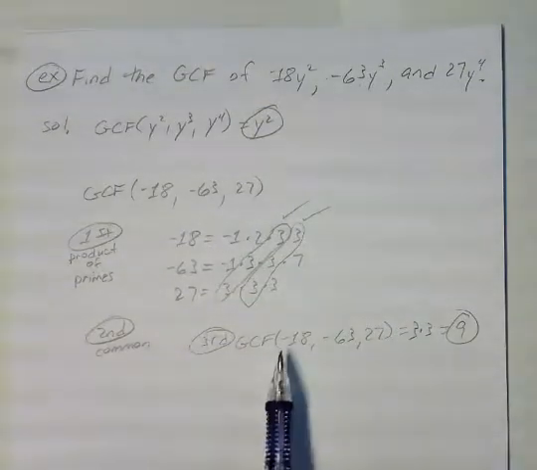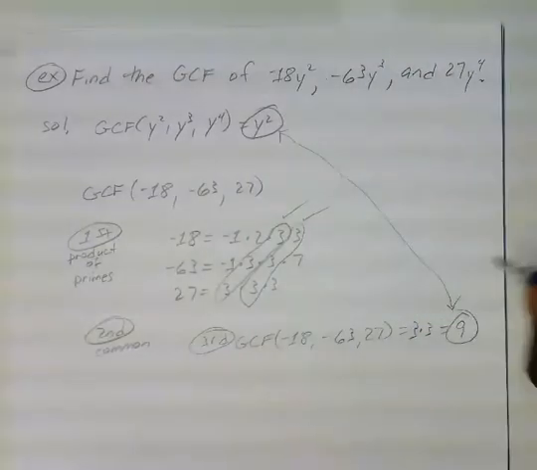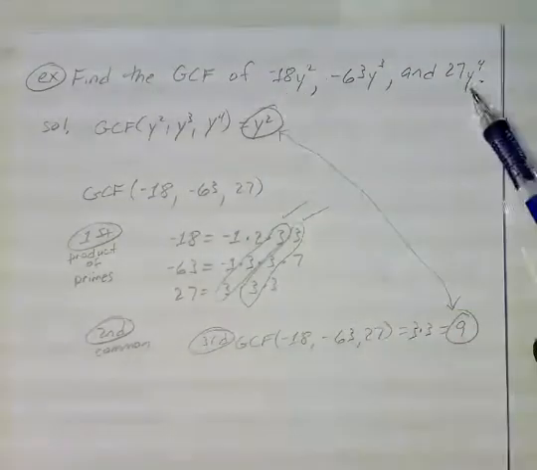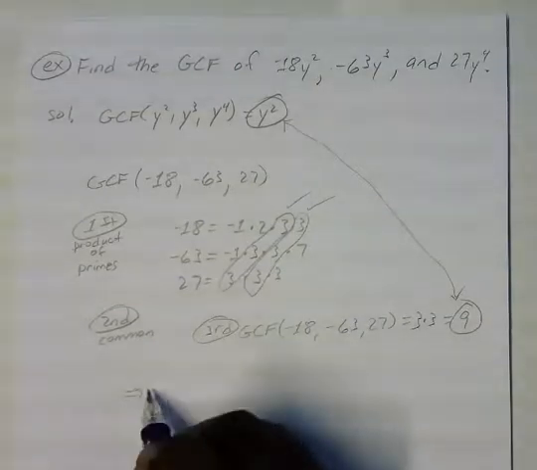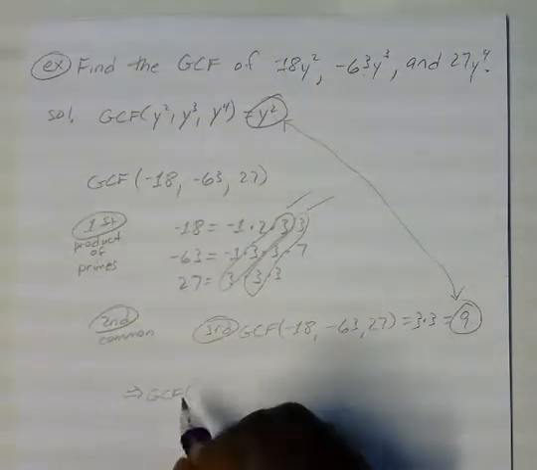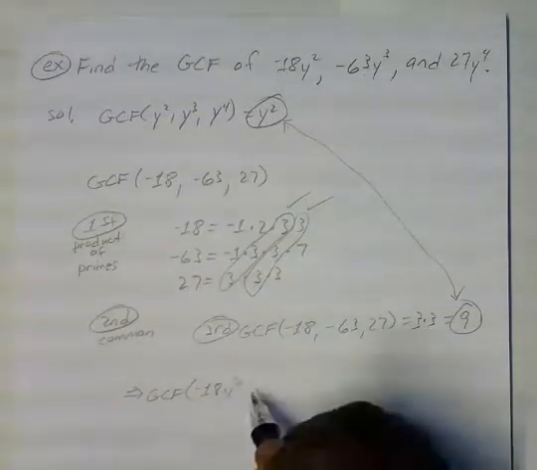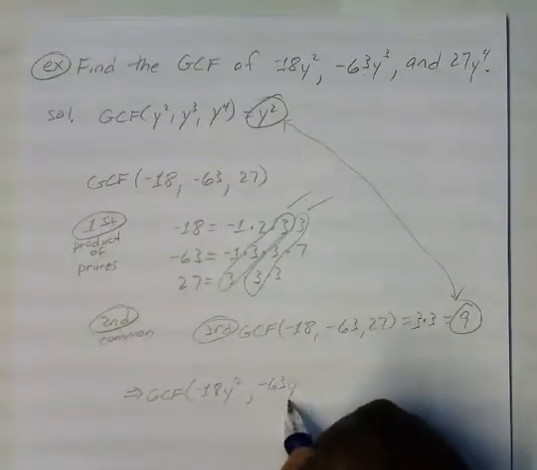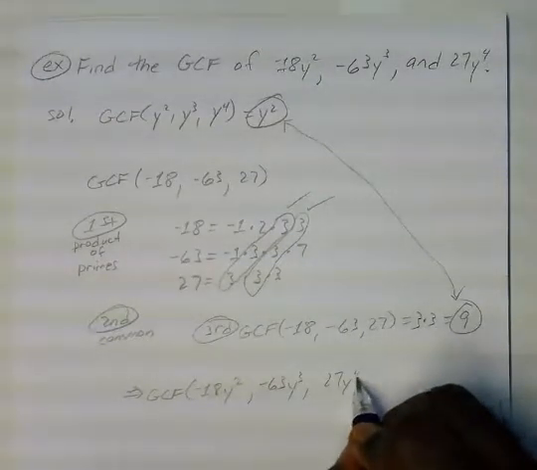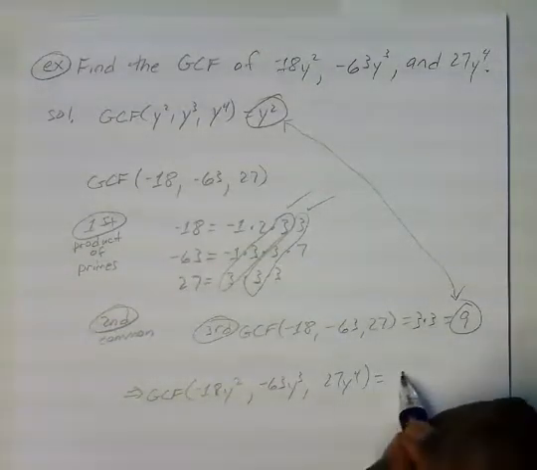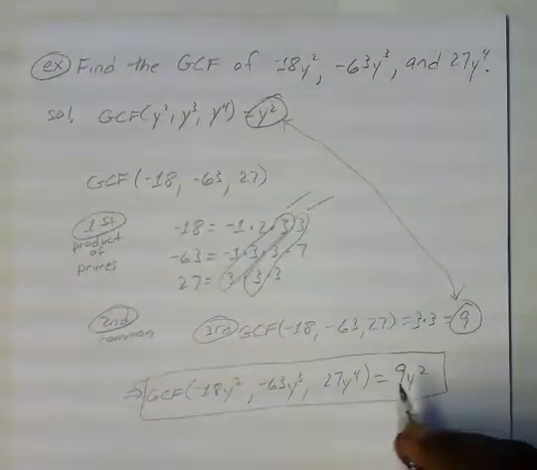Now remember, this is just the greatest common factor of the numbers. To find the greatest common factor of all three of these terms, you just multiply these two together. So that means the greatest common factor of -18y squared, -63y to the third, and 27y to the fourth is equal to 9y squared. So that's actually your answer.